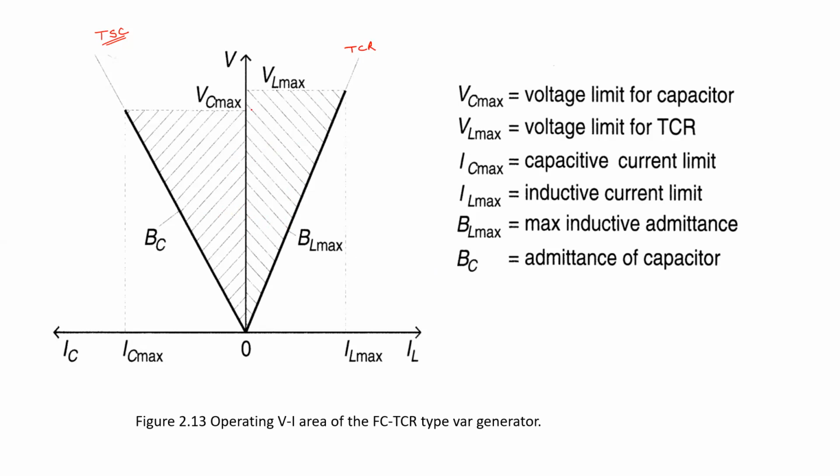At this position, for example, we can say that the capacitive VAR and inductive VAR are equal and opposite. So the fixed capacitor thyristor controlled reactor is neither generating the reactive power nor absorbing the reactive power.